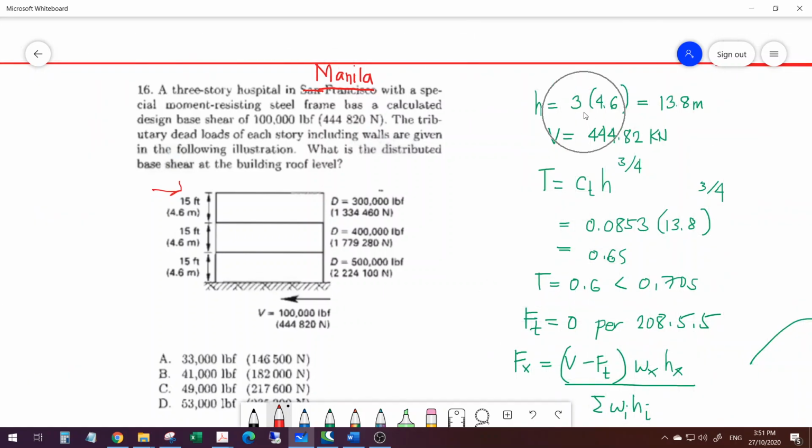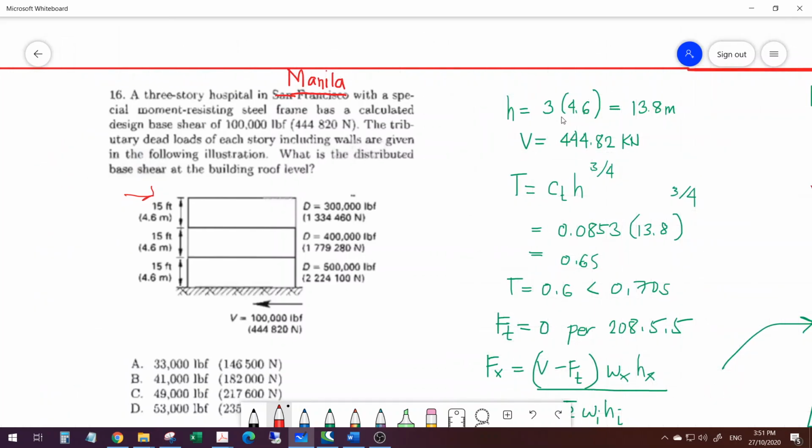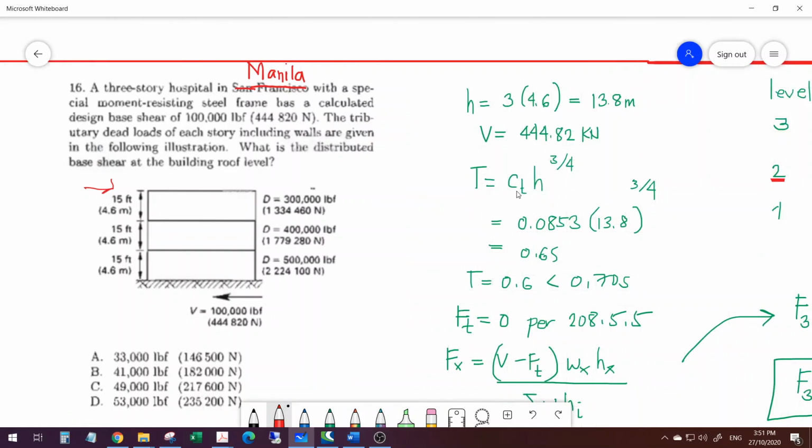First, the typical story height is 4.6, therefore the total height is 13.8. So height is equal to 3 times 4.6, and the base shear V is 444.82. The period is from method A, CtH raised to 3/4.